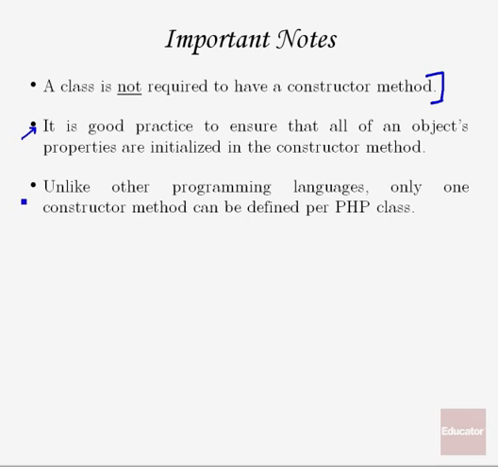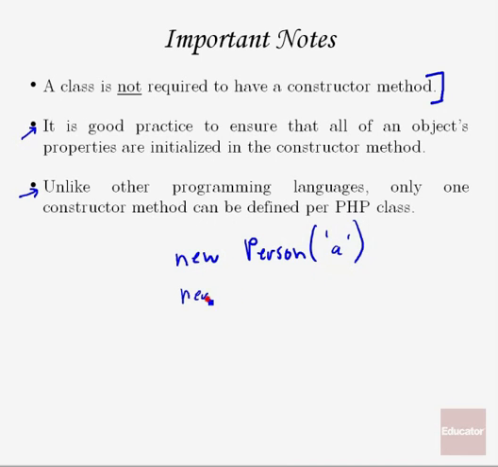And then one thing to note for those of you that have used other programming languages is, unlike other programming languages, in PHP you can only have one constructor defined per class. A lot of other languages allow what's known as constructor overloading, where you can have different constructors for an object that take different parameters, and depending on how many parameters you put in parentheses when you're declaring a new instance of an object, the language will call different constructors based on how many parameters are provided.